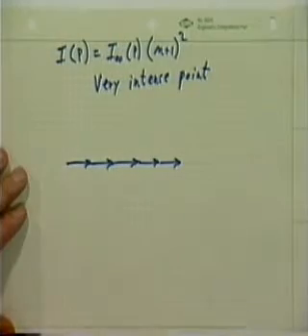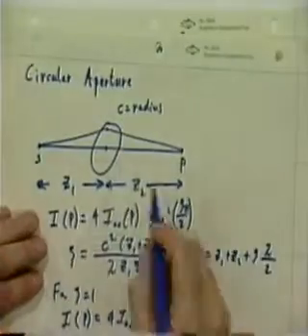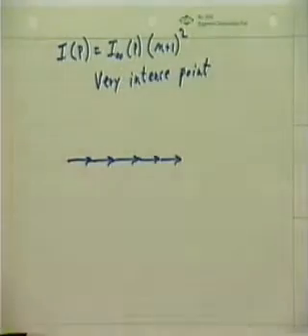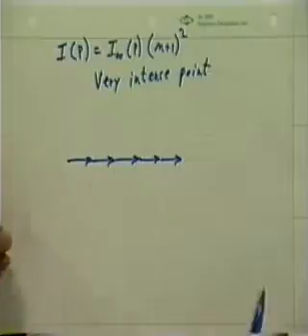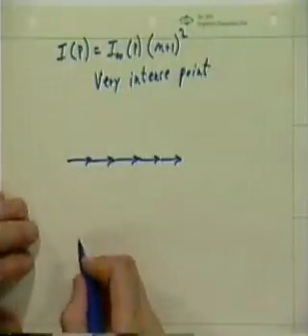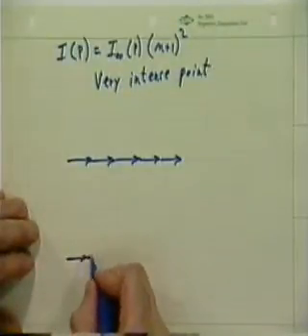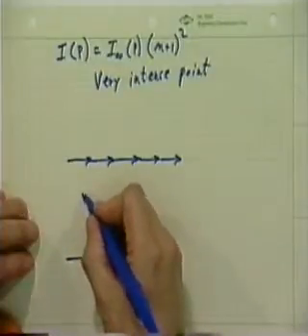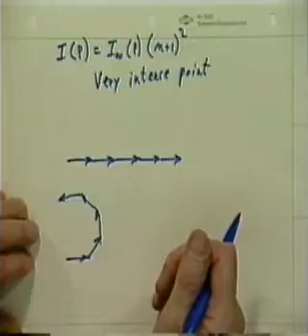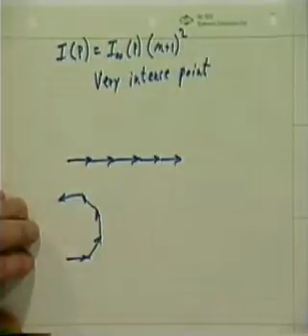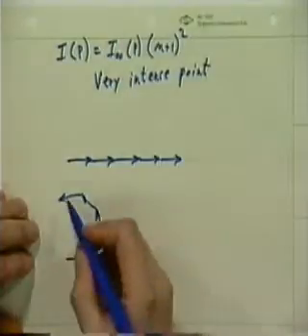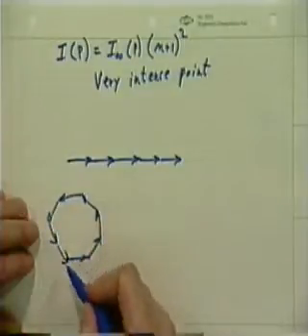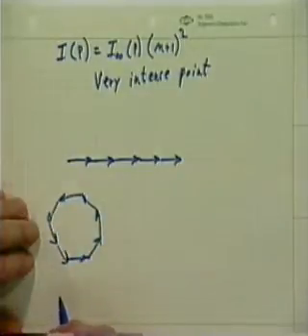But if we move to a different location in space here, now these vectors, which represent the light coming from each transparent zone, are no longer in phase. And so we will have less irradiance. And in fact, we may end up with a situation where all these vectors come right back on themselves and we end up with zero irradiance.